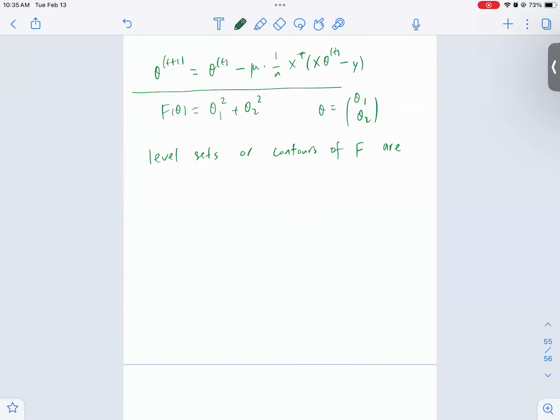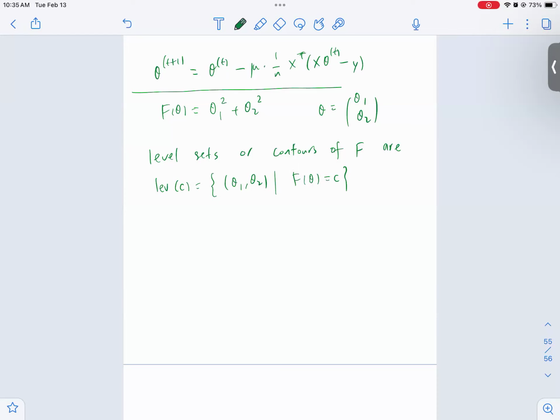for any level, there's a parameter. Let's say level c is a set in the theta domain, theta 1, theta 2, such that f of theta is equal to c.